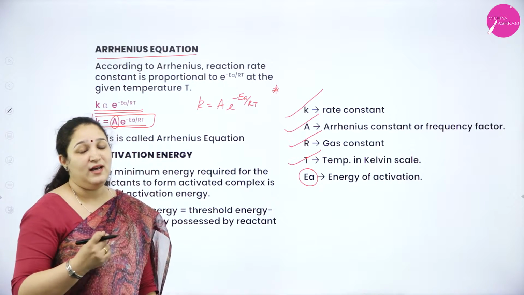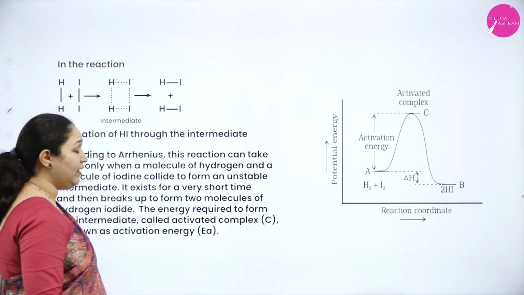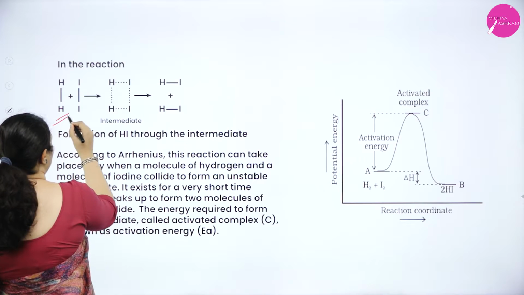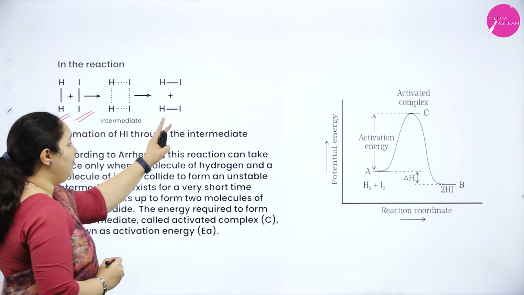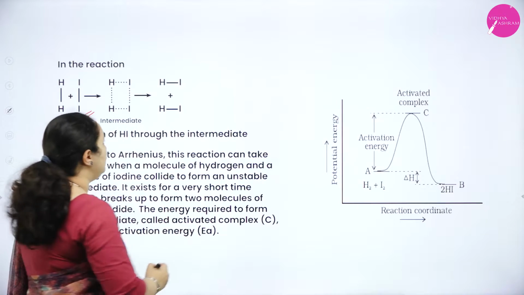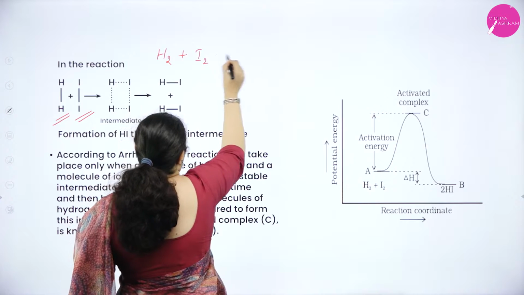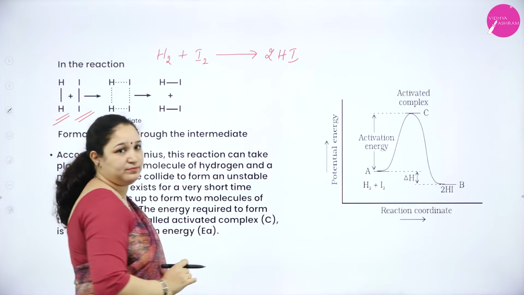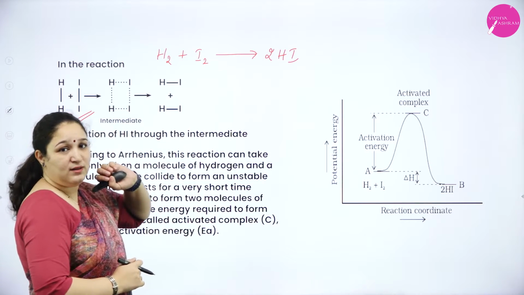To understand, I shall explain with an example. Okay. So I've taken hydrogen and iodine. Okay, to form hydrogen iodide. So the reaction here is hydrogen plus iodine will give 2 molecules of hydrogen iodide. So what should collide with one another?